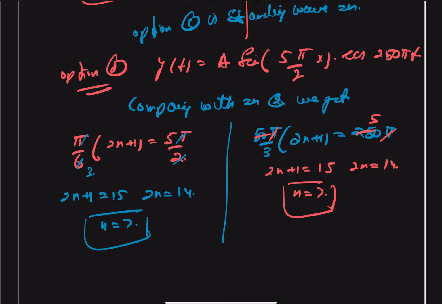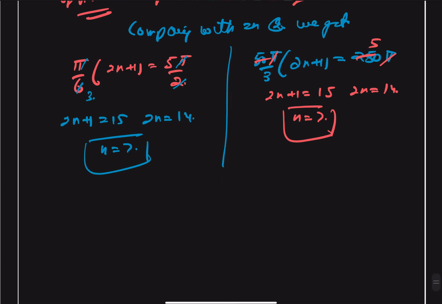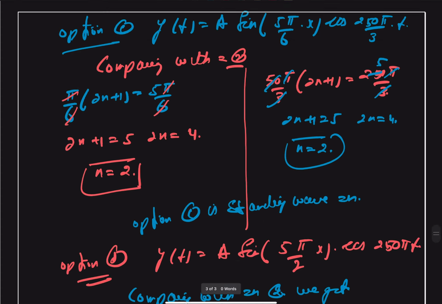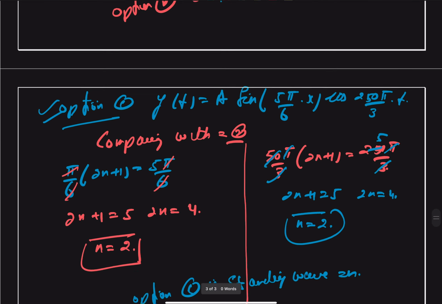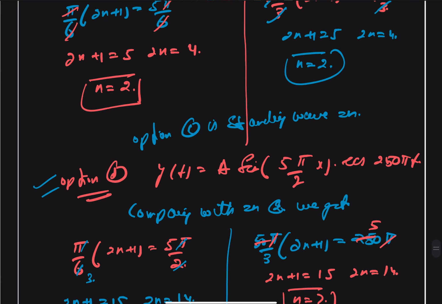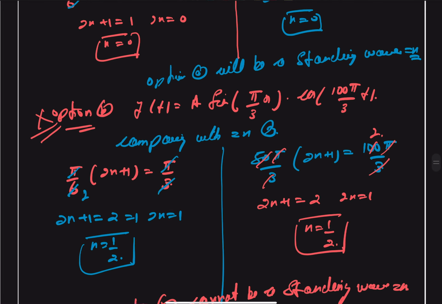So option D is also a standing wave equation. So except option B, option C is the correct one, as well as option D is also correct. Only wrong option is option B.